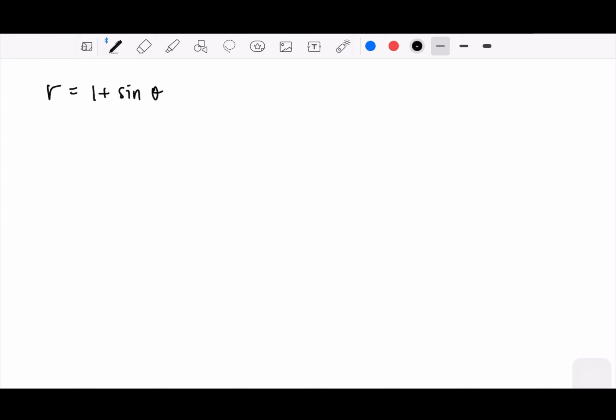Let's start with this: 1 plus sine theta. For now, it seems that there is no particular pattern, but I will give you the pattern later. So 1 plus sine.